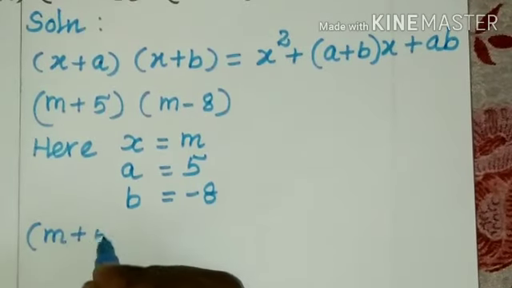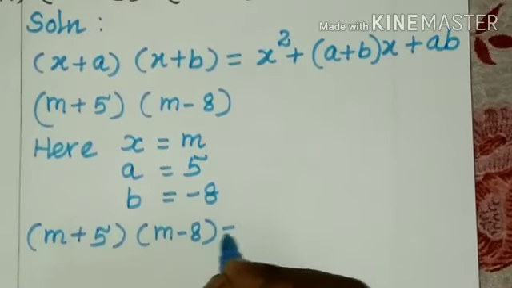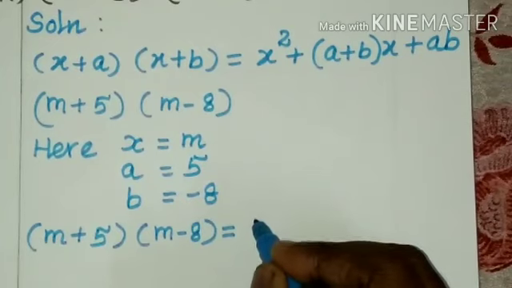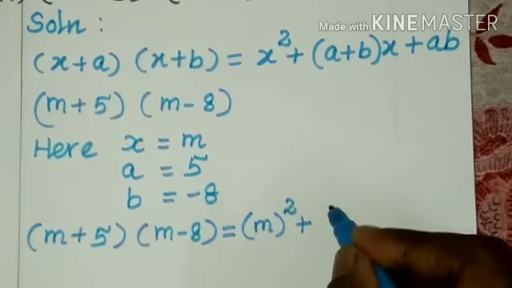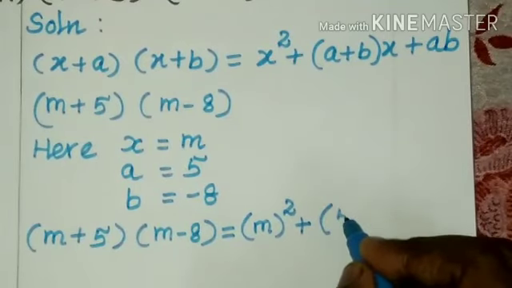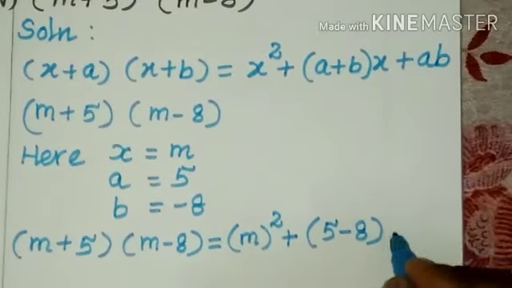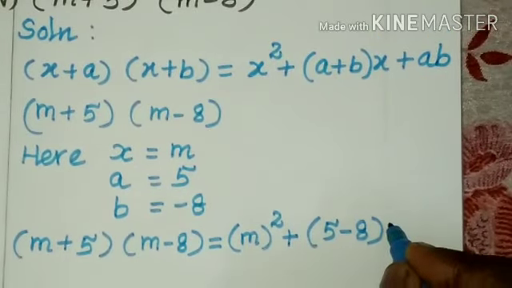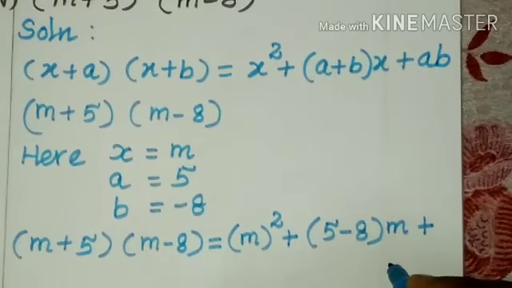m plus 5 into m minus 8 equal to x square, that is m the whole square, plus a plus b, what is a? 5. What is b? Minus 8, into x. For x we substitute m, plus a into b, that is 5 into minus 8.